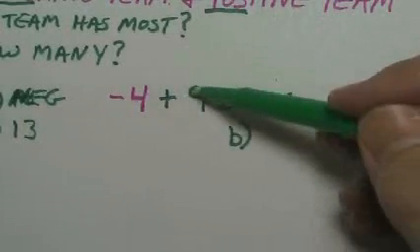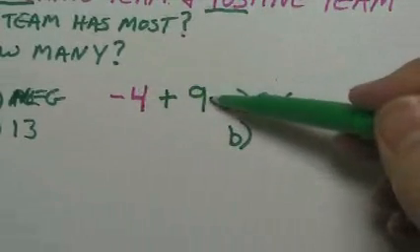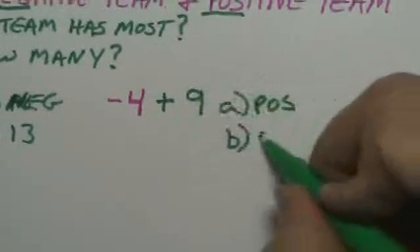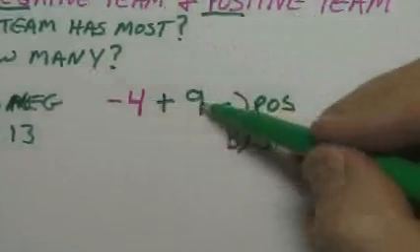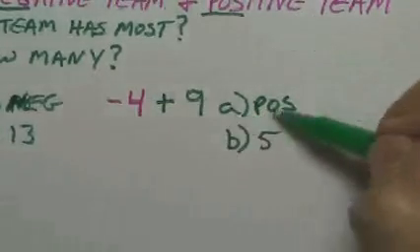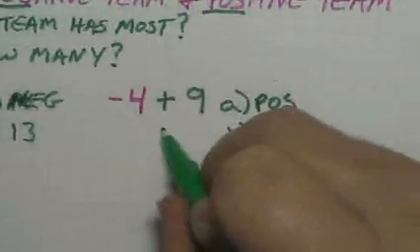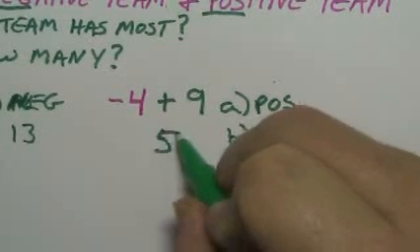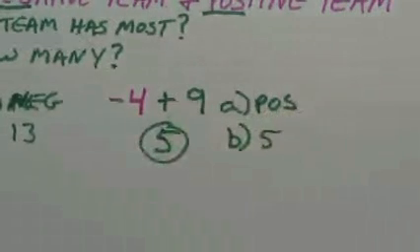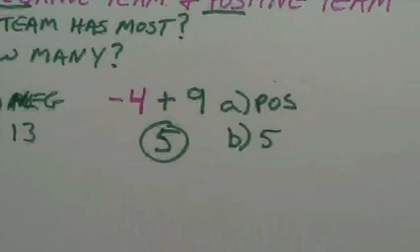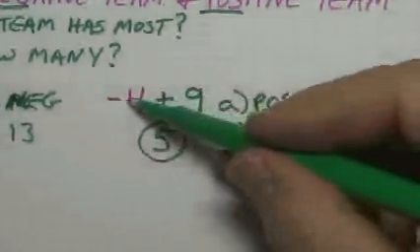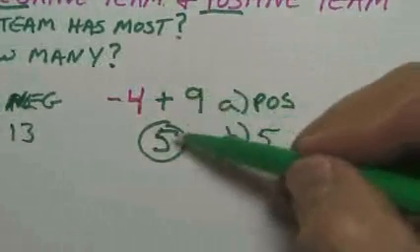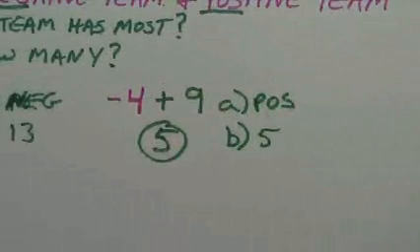Well, there's 5 more, right? 9 take away 4 is 5. There's 5 more positive. My answer is positive 5.